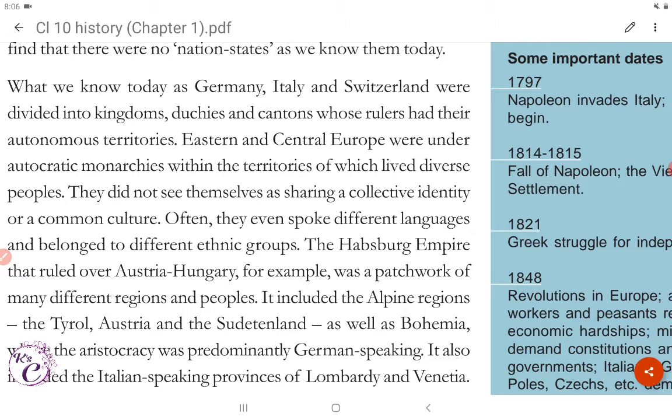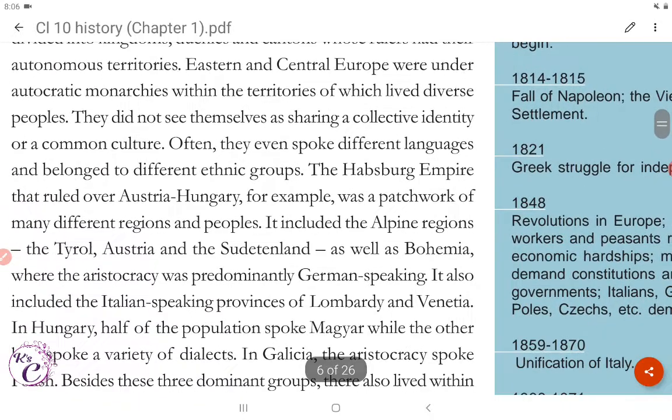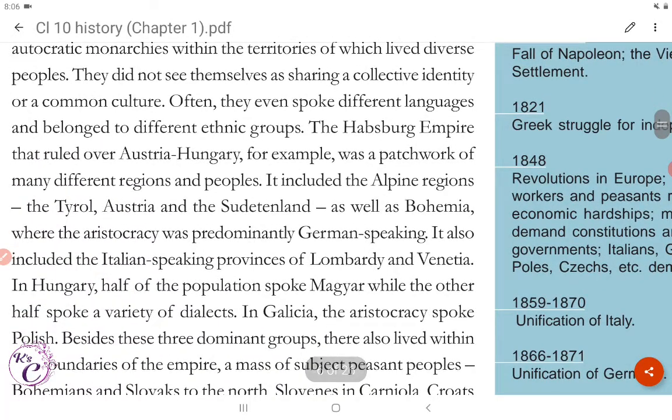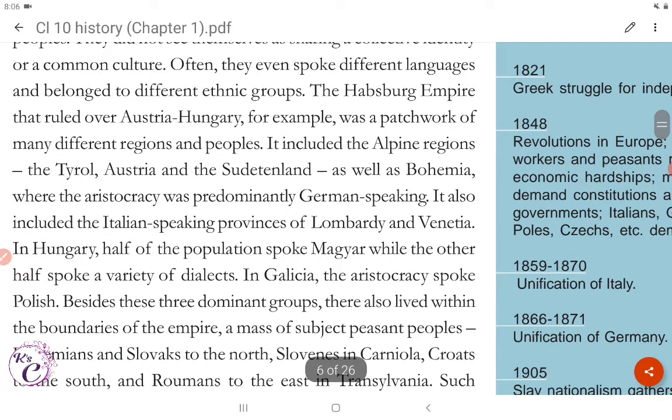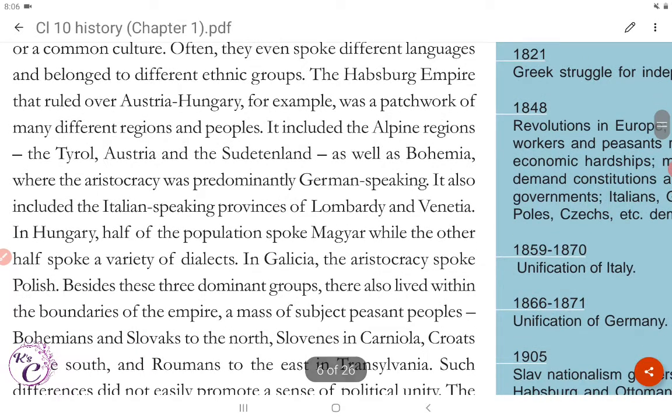They did not see themselves as sharing a collective identity or a common culture. Often they even spoke different languages and belonged to different ethnic groups. The Habsburg Empire that ruled over Austria-Hungary, for example, was a patchwork of many different regions and peoples.